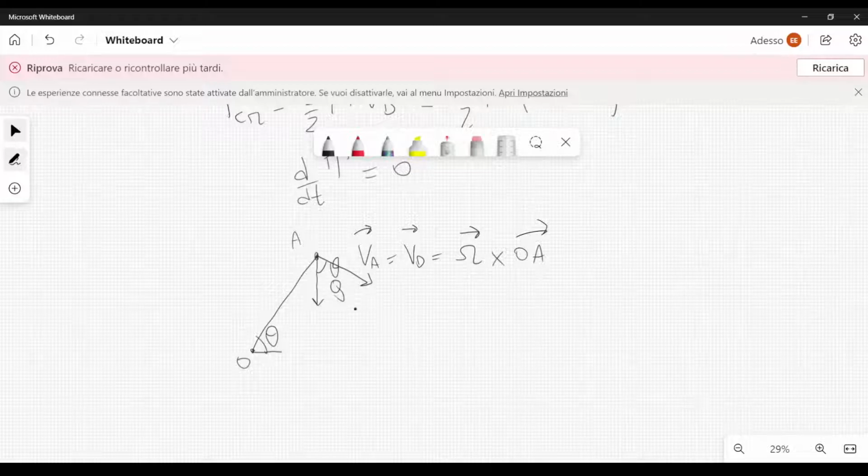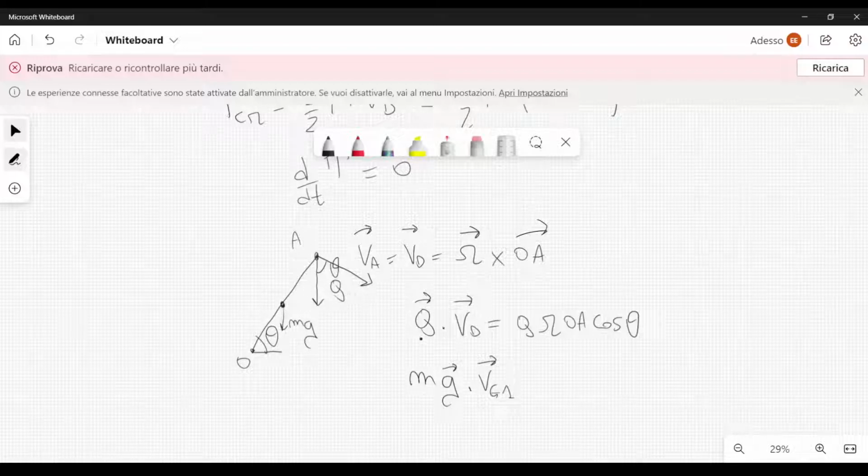This means that Q dot product Vd can be written as Q omega OA cosine theta. And then we also have to calculate mg dot vg1. We have a force mg here, and in a similar fashion, this is mg omega OA over 2 cosine theta, right?